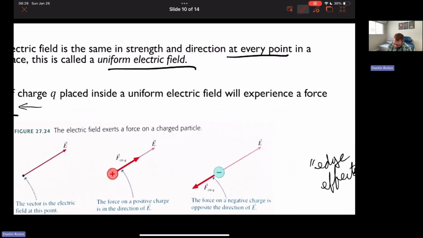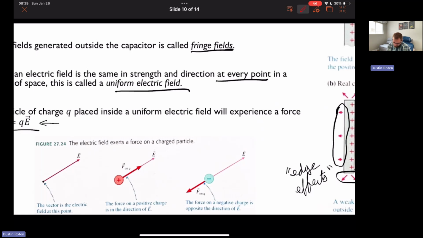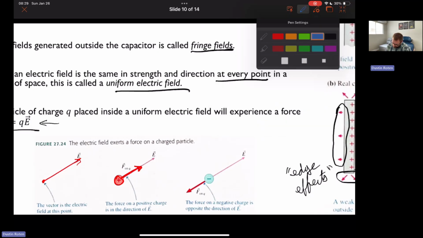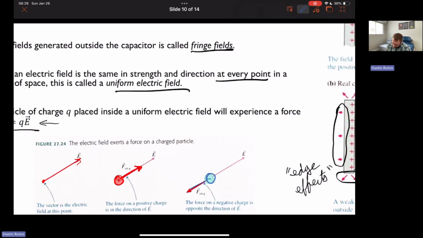So the moral of the story here is if you have an electric field like this one, your positive charge is going to experience a force in the direction of the E field, but a negative charge will experience a force in the opposite direction.